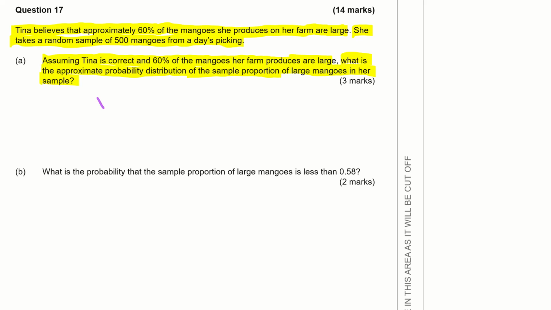Well, that is going to be a normal. We're talking about 60%, so the proportion is 0.6, and to work out the variance, we do 0.6 times 0.4 divided by 500.